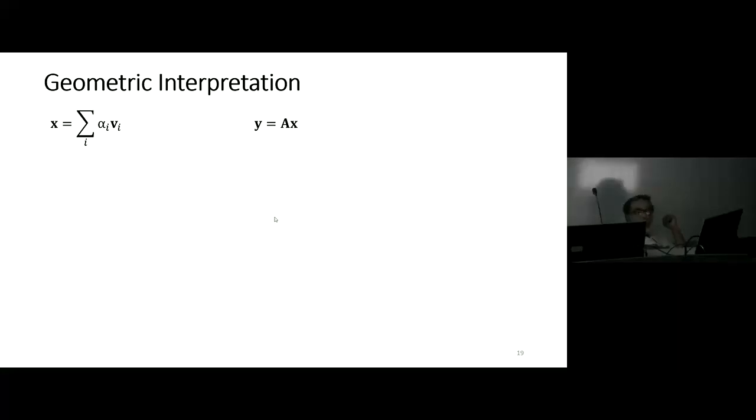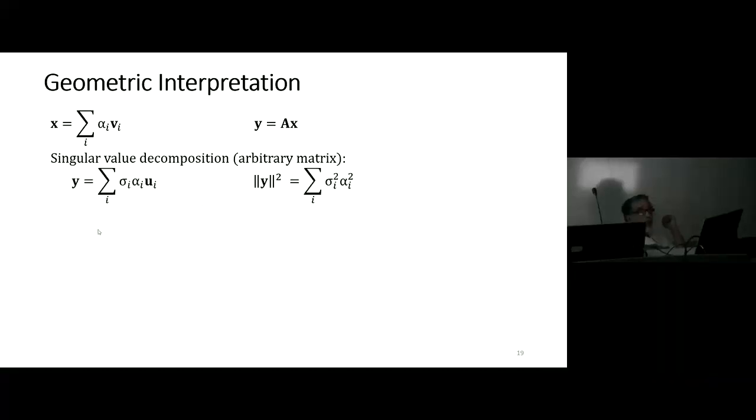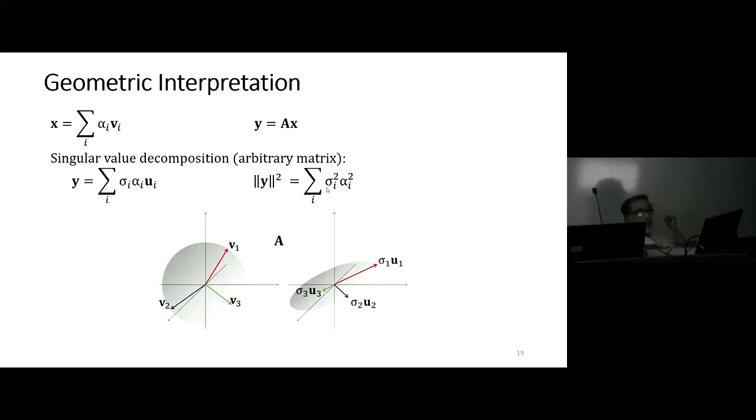Okay, now the geometric interpretation of SVD. We take any arbitrary matrix. So this is y now, and this is the norm of y. Now instead of lambda i's, I have all the sigma i's. That's the only difference.